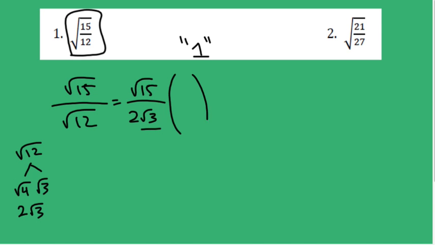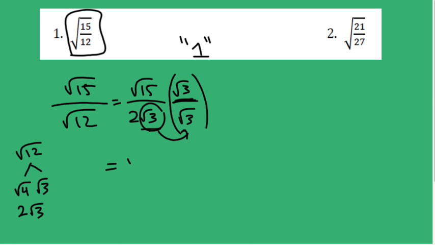I'm going to multiply by whatever the square root is I have down there. And I call this 1 because I've got the same thing on top that I do on the bottom. Technically, that's 1. So I'll multiply this by whatever is underneath the square root here. That is what goes here, same on top and bottom.